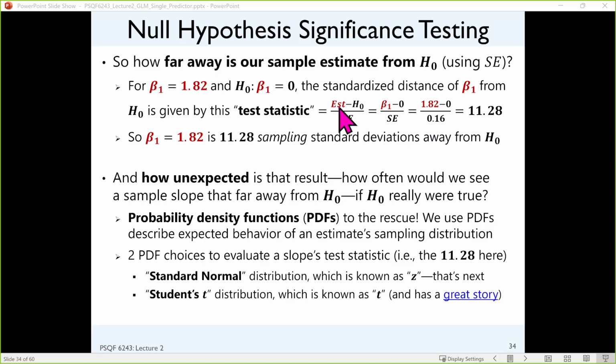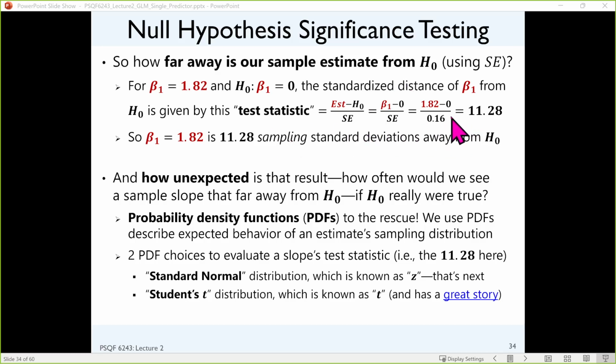So our slope estimate of 1.82 for this data set, we're just working with one answer right now, minus what it was expected to be, which is 0, the null hypothesis, divided by the standard error for the slope, which is how far off on average any one sample slope is from a population slope. We feed that into this formula.